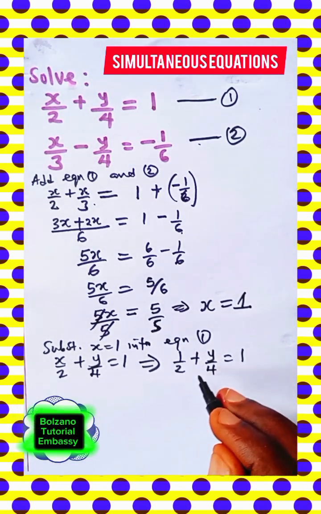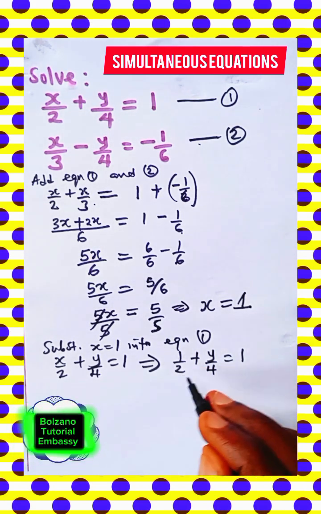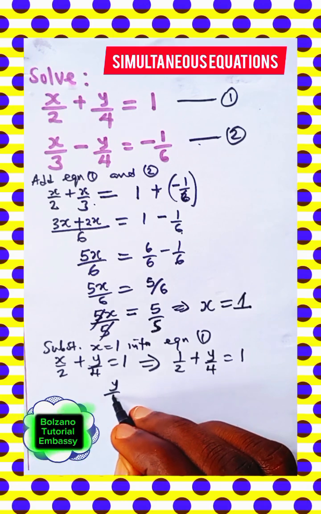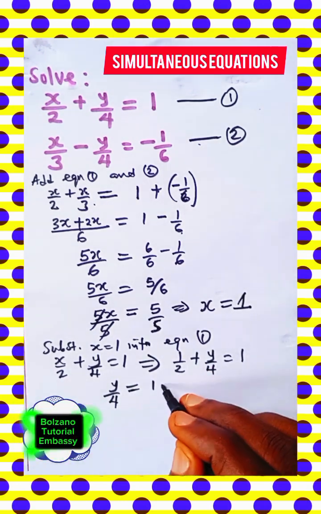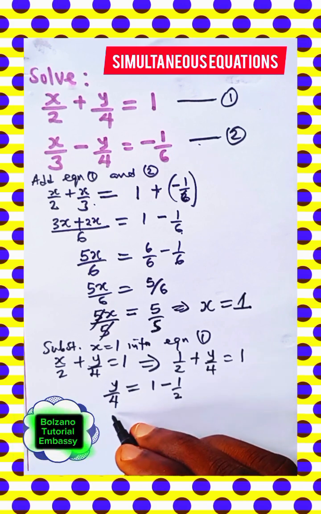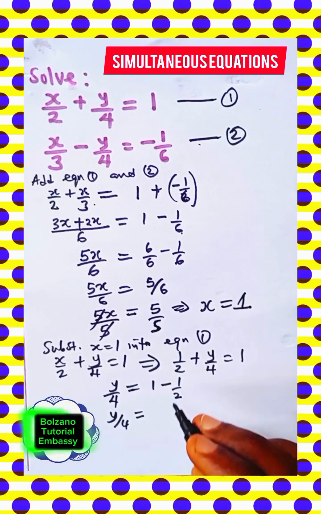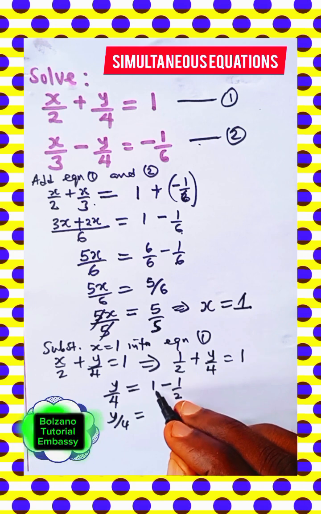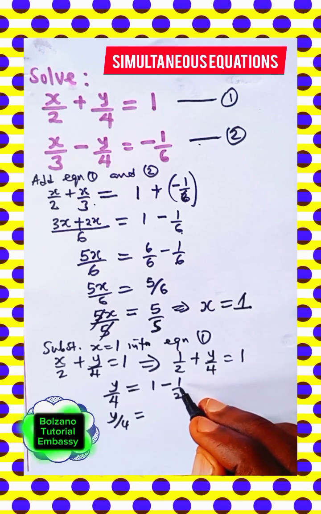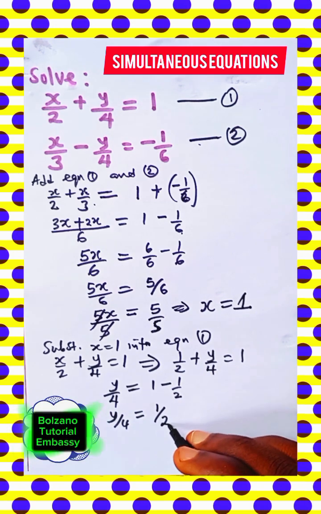Collecting like terms, we bring this term to the other side, so y over 4 equal to 1, then 1 over 2 becomes minus 1 over 2. So we have y over 4 equal to, you can also write this in terms of 2, which is 2 over 2. 2 over 2 minus 1 over 2 is 1 over 2.